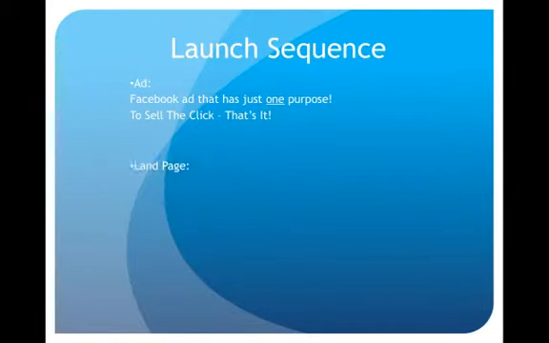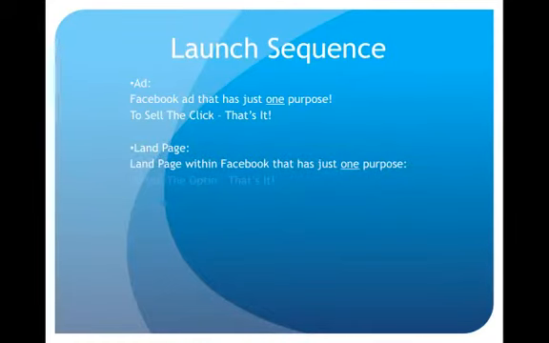Next is the land page, okay? The ad is going to drive traffic to the land page, and again, the land page has just one purpose within Facebook, and that is to sell the opt-in. That's it. So when they land on the land page, all you want the land page to do is have that viewer put their name and email in. That's it. And that land page is going to drive traffic to the webinar.